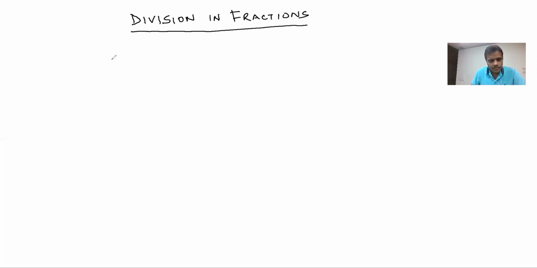So let me start by asking you a very simple question, which is what is 1 divided by half? Now, there cannot be anything simpler than this, 1 divided by half. When I ask this question without writing it, most of the students get confused with the statement itself, 1 divided by half.